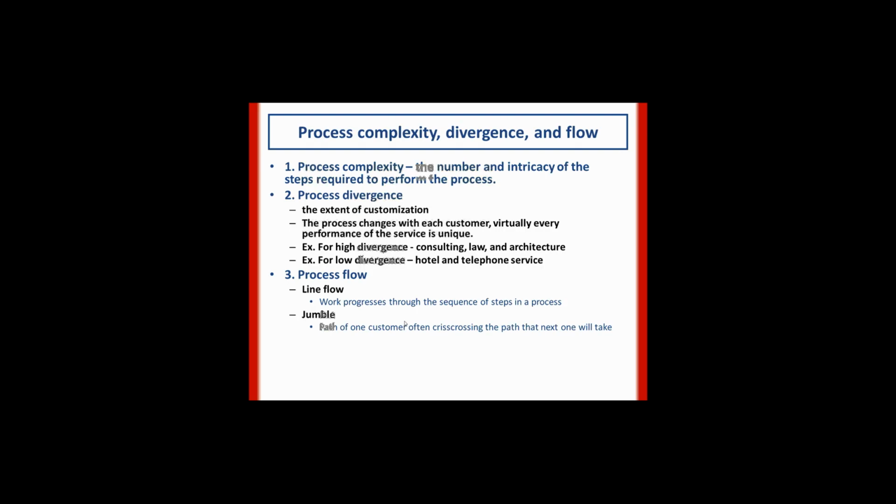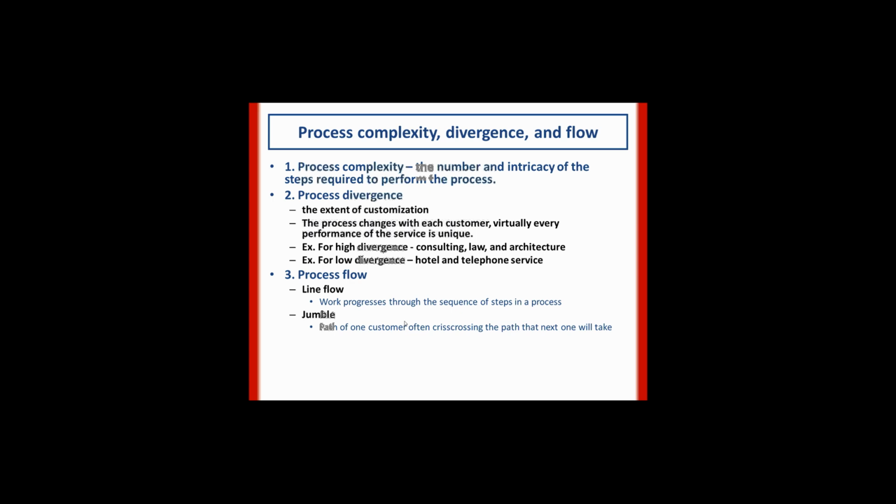Process complexity represents the number or intricacy of steps required to perform the process. If the process has many steps to be completed, the process can be very complex. Process divergence represents the extent of customization needed to complete the process.